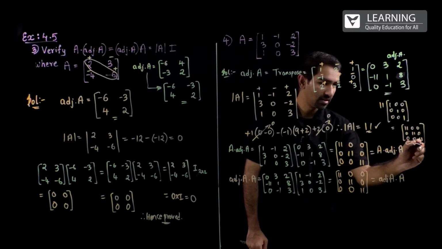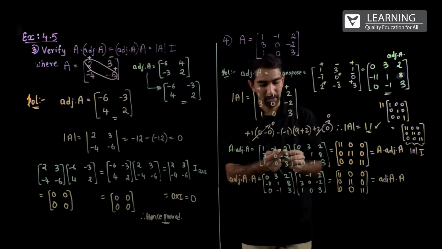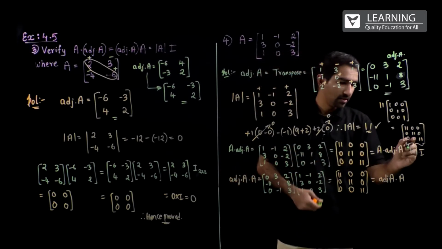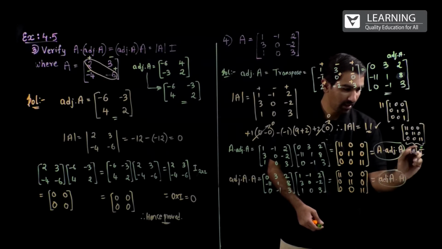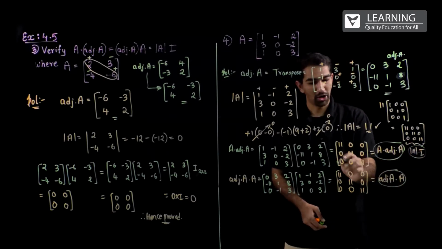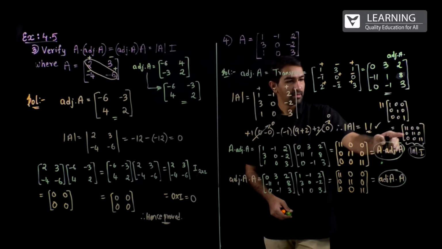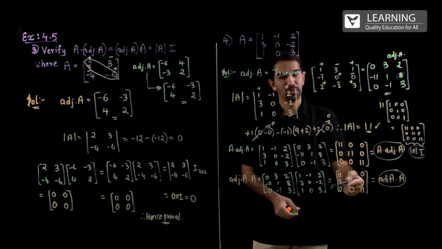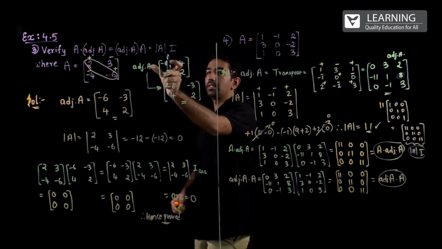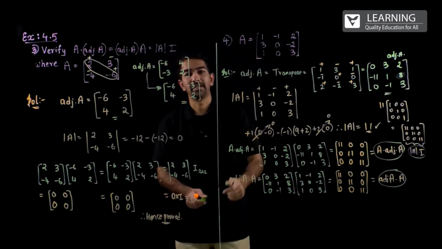So this is our determinant of A into I. Now see whether all the three quantities are equal to each other. This is our first quantity, second quantity and the third quantity. So all are the same, right? 11 in the principal diagonal, the other elements are 0, which means we have proved this for the given matrix.